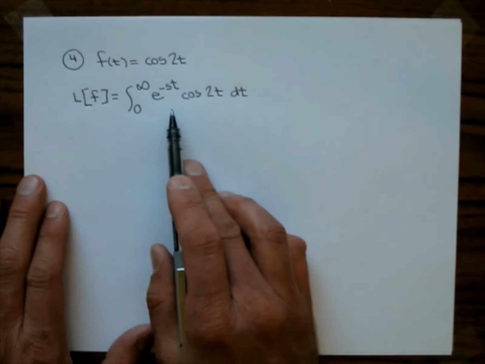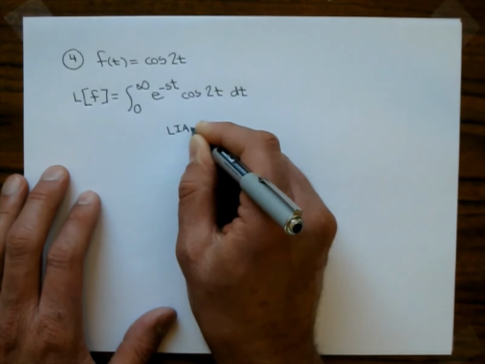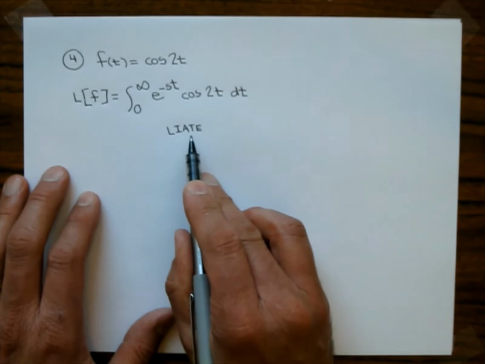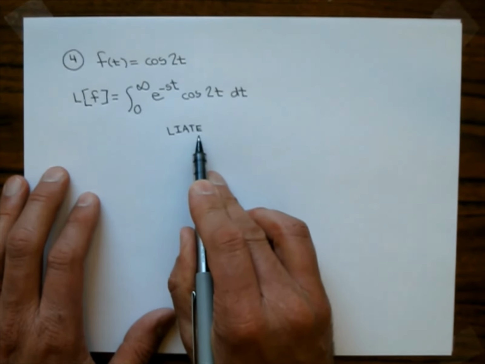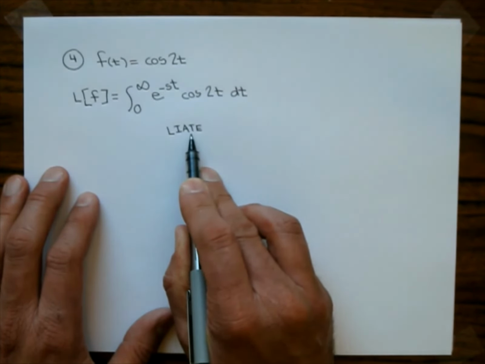You could do the LIATE rule. Some of you have heard of LIATE, where this is log, inverse trig, algebraic, trig, and exponential. The exponential goes on the right, and the trig goes to the left of that.